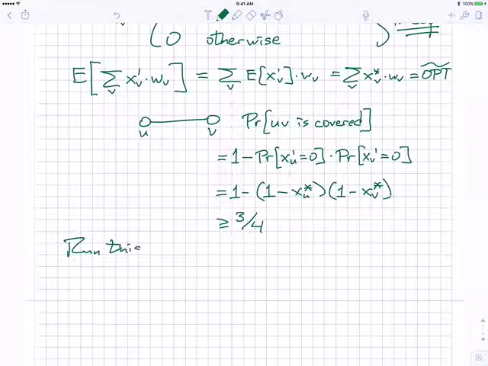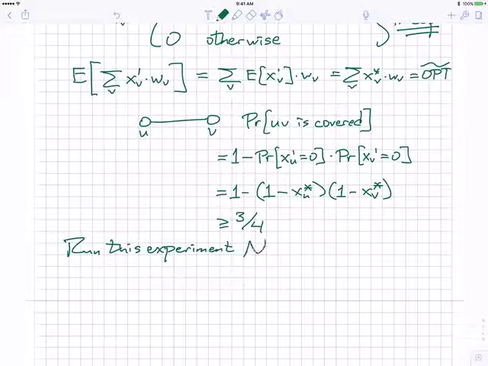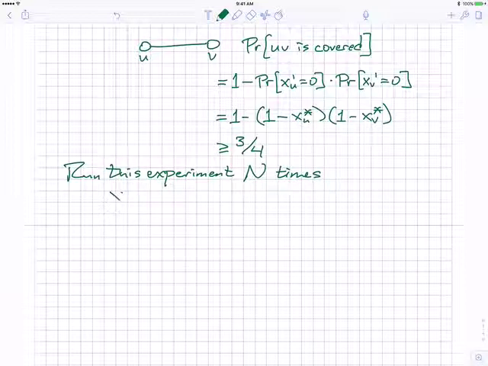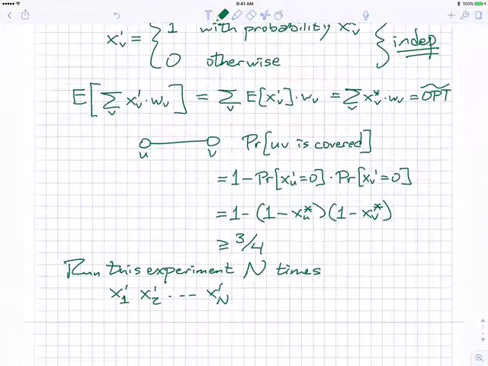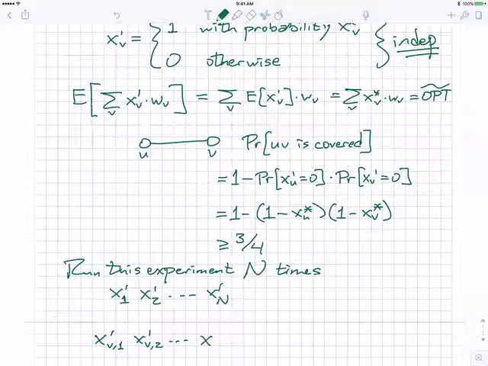So, run this experiment, let's say capital N times. I'm going to generate x prime 1, x prime 2 up through x prime N. Now these subscripts are not representing variables, but rather the number of the experiment. So really when I say x prime 1, I mean, for each vertex, I'm going to have indicator variables x prime up to v n.